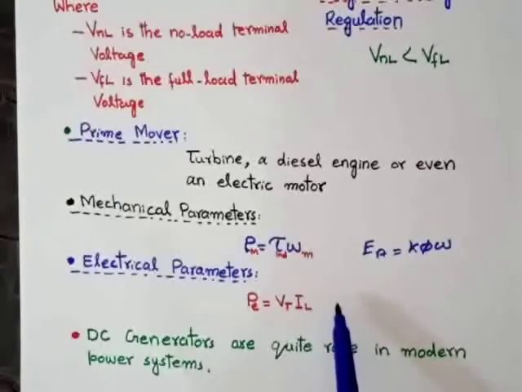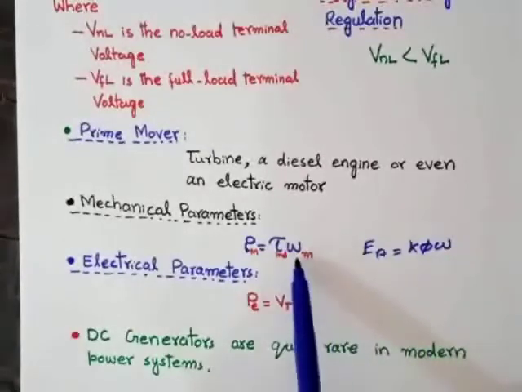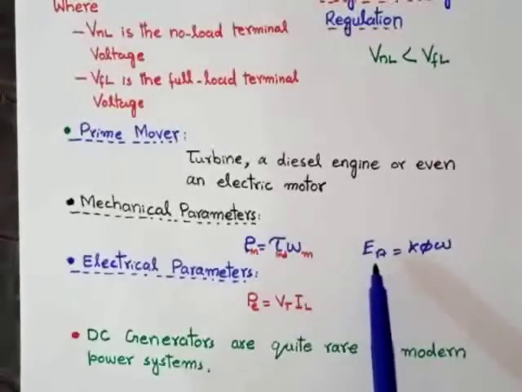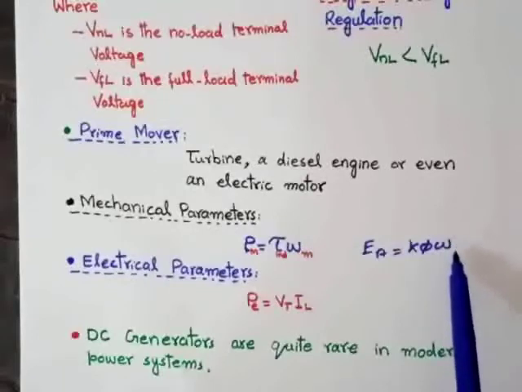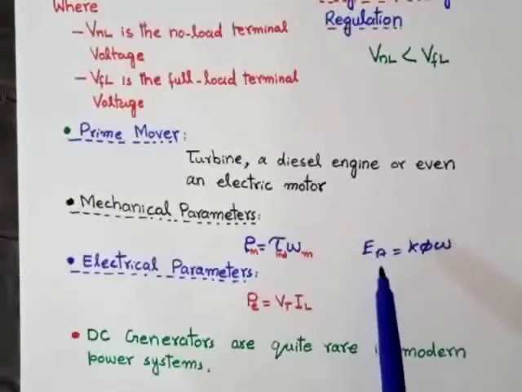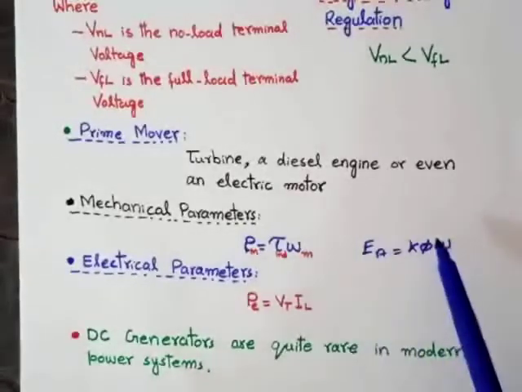As we know, the relationship between speed and the internal generated voltage is directly proportional. It means when the speed of rotation of the rotor of the DC generator increases, then the internal generated voltage, according to Faraday's law of electromagnetic induction, will increase as well.